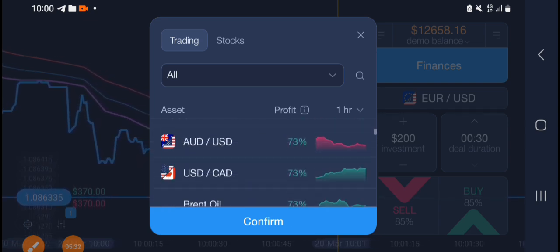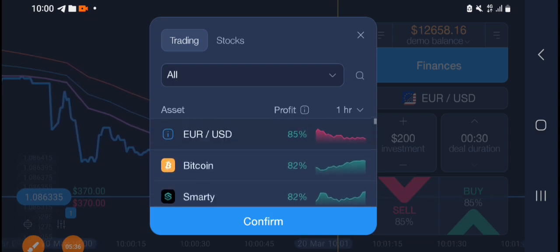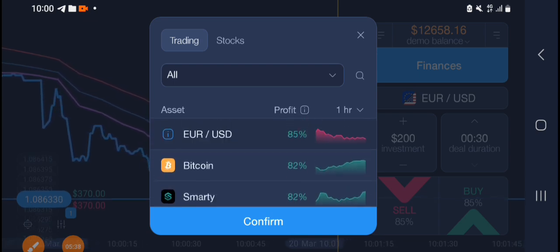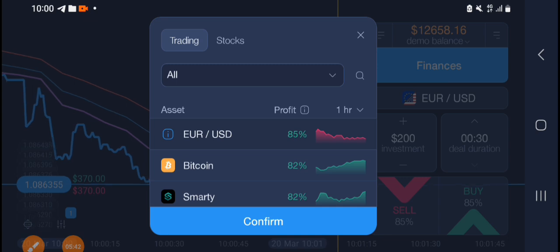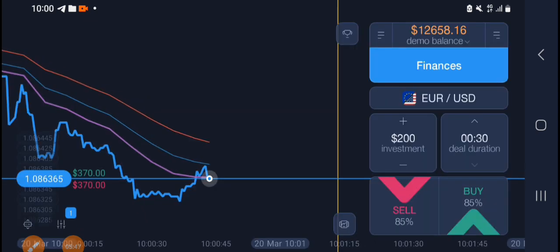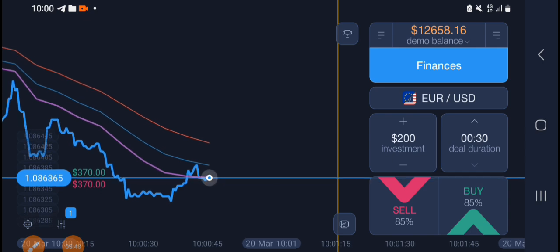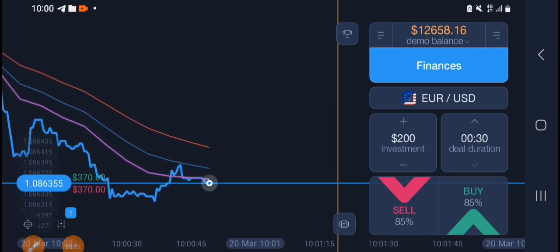There are so many of them, so it depends on you, the one you really want to trade on. For me, I trade on the one that has the highest percentage, which is this, Euro USD. That's the one I normally trade on because the percentage is high.